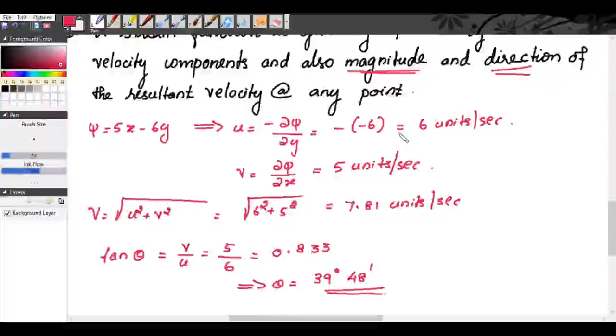Direction of a fluid flow. See, that means your u is positive. Both are positive, right? So, okay, no issues. So u will be 6 units per second and v will be 5 units per second.